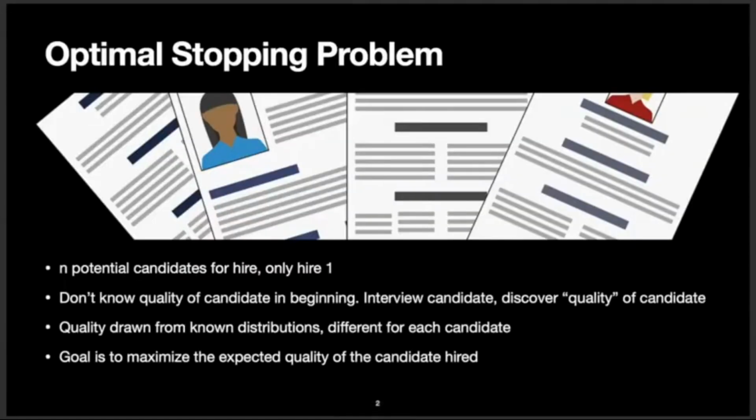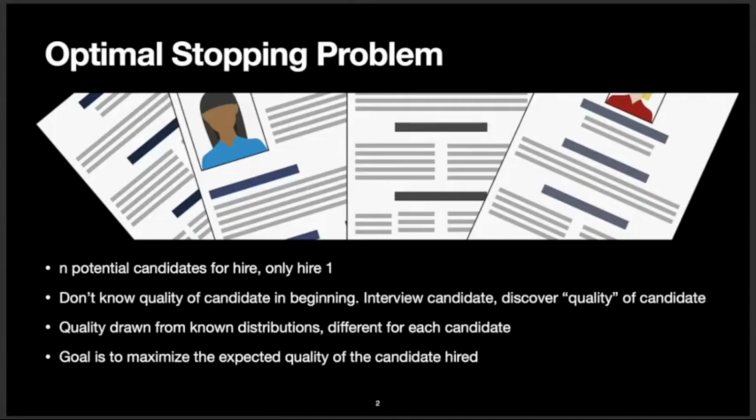So first, what is the optimal stopping problem? Imagine this situation. You are HR for a company and you have N potential candidates for hire, but you can only hire one of them. You don't know how good any of the candidates are in the beginning, so you need to interview a candidate to discover how good they are.